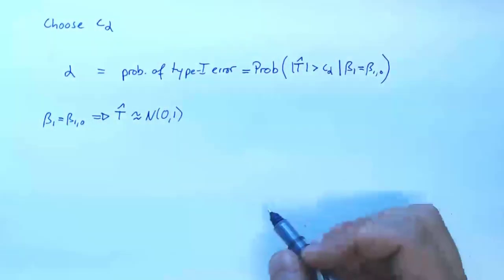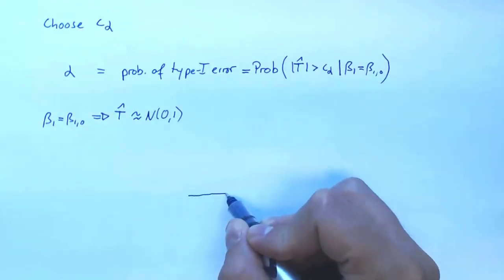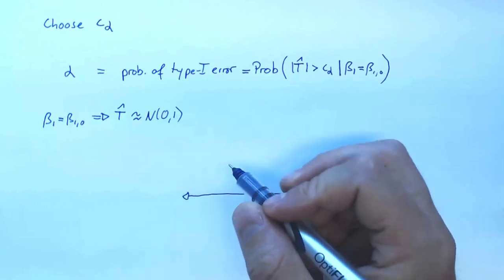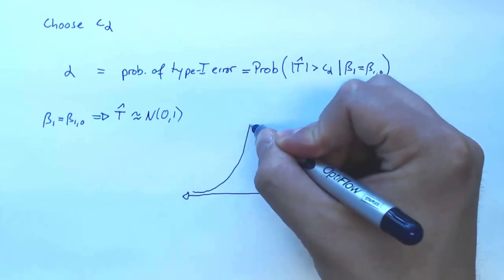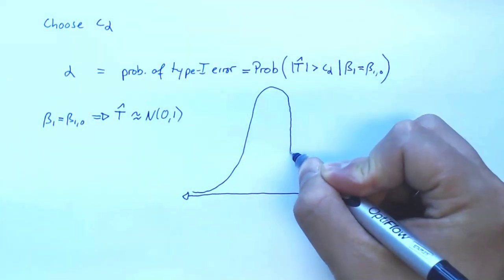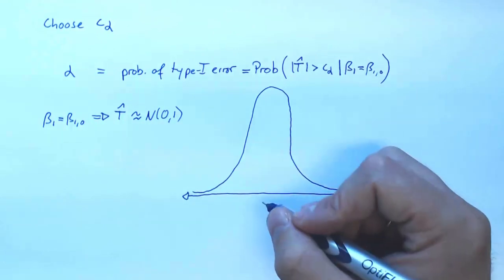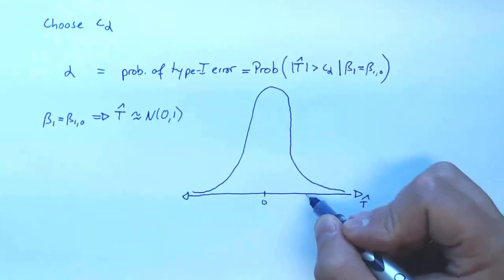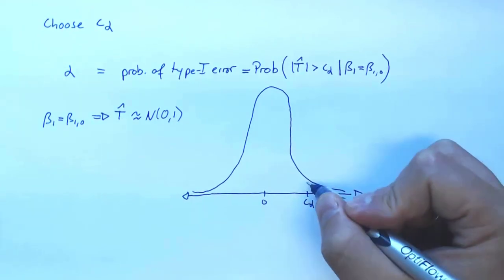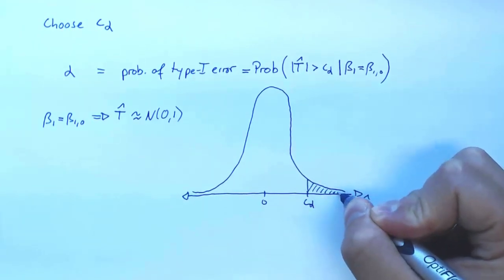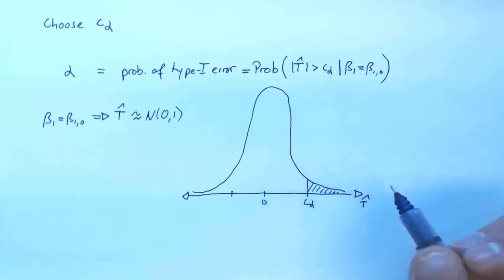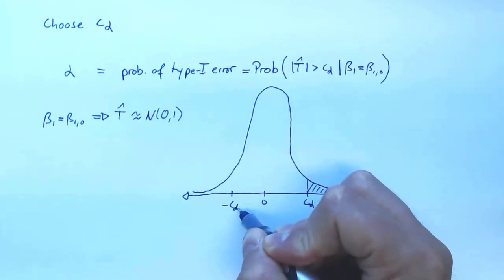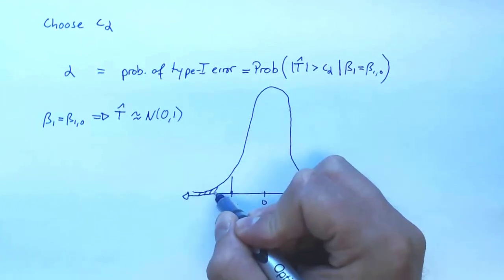So its distribution looks a little like so. And we reject whenever t hat is larger than C alpha, which happens with this probability, or smaller than minus C alpha, which happens with this probability.